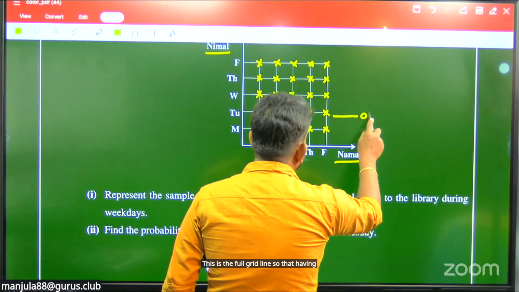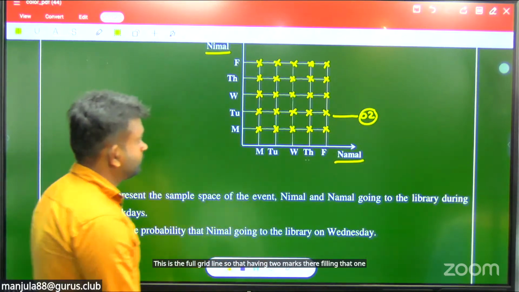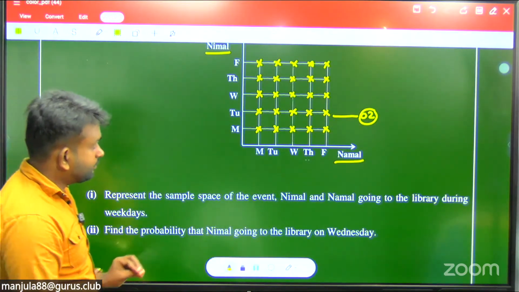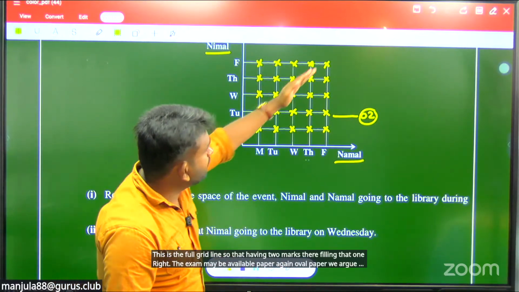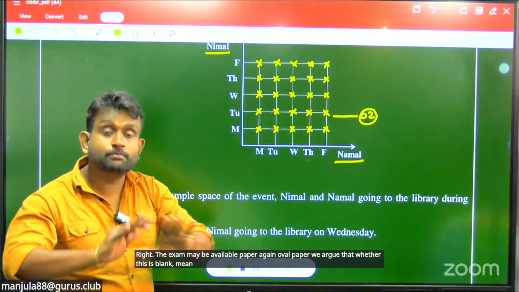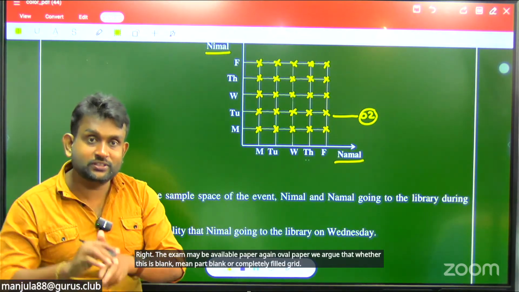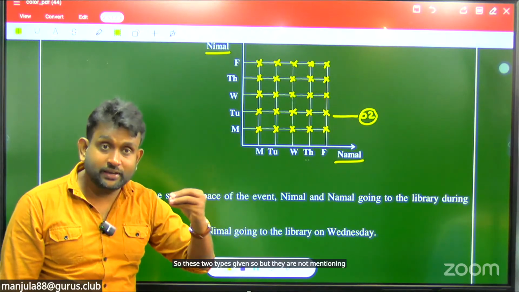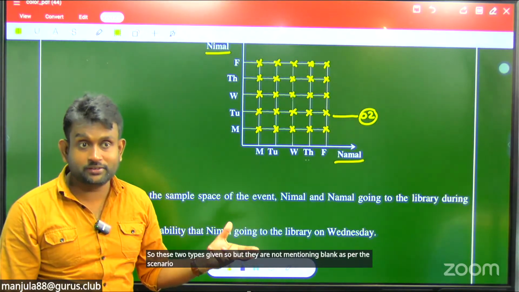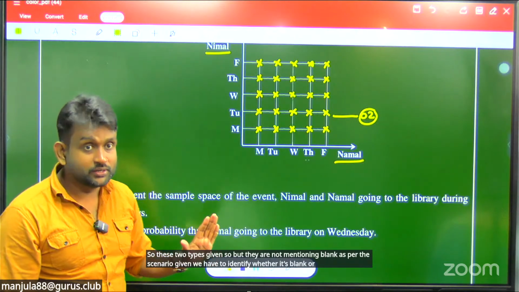In the O level paper, we have to decide whether the middle part is blank or the grid is completely filled. These two types are given, but they don't mention blank, so as per the scenario given, we have to identify whether it's blank or completely filled.